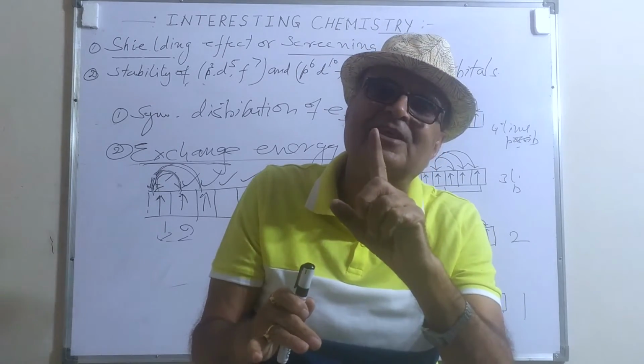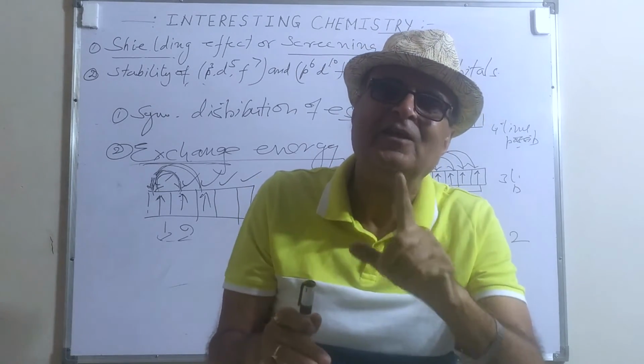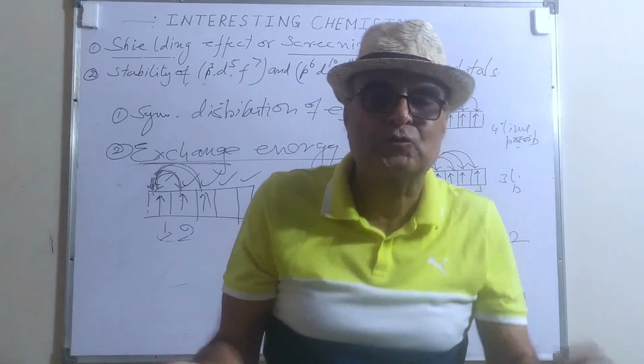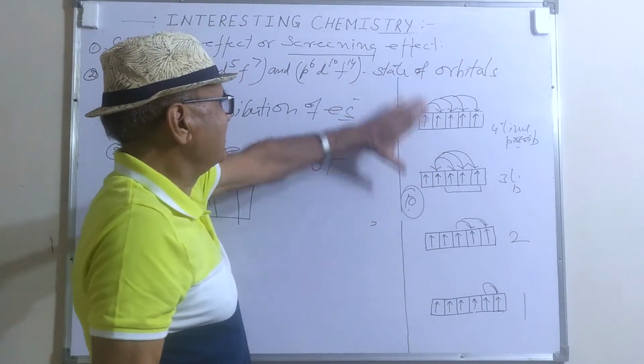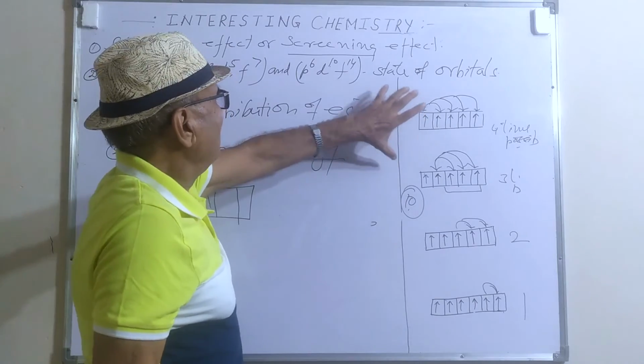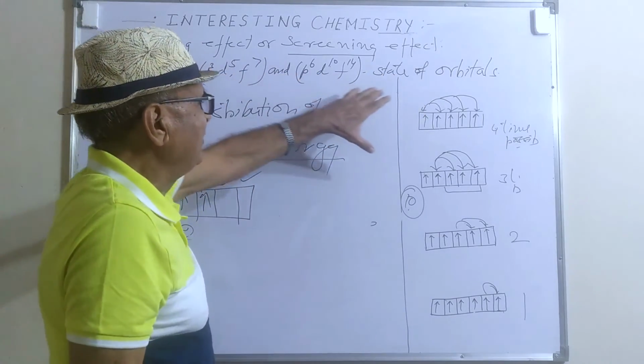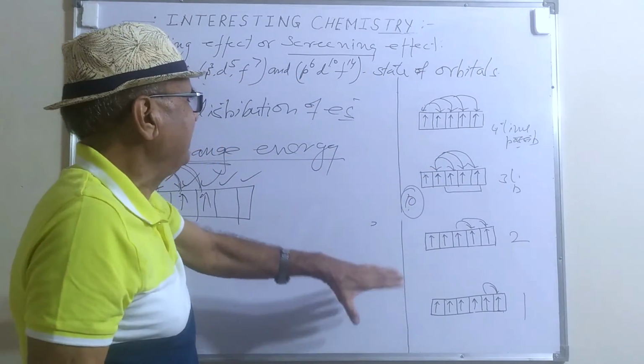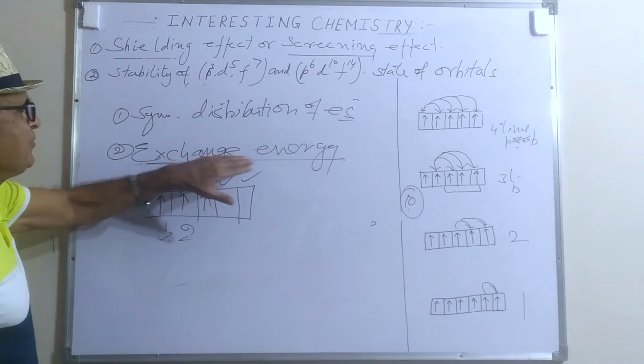Hence, the stability will be increased. So in this way, you can say that the half-filled or the full-filled orbitals are more stable due to the exchange energy.